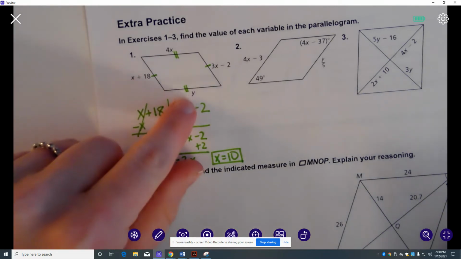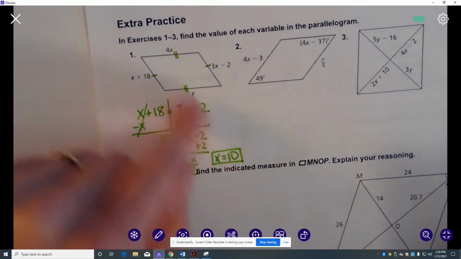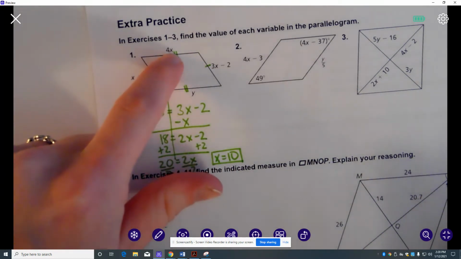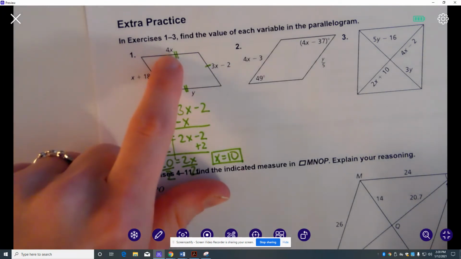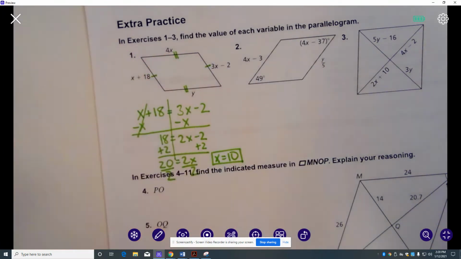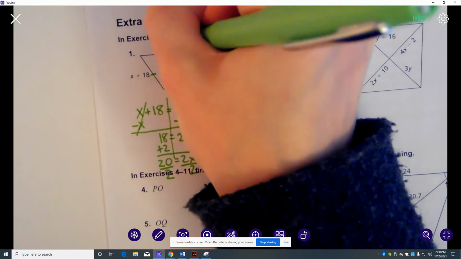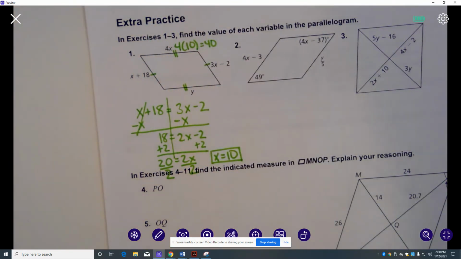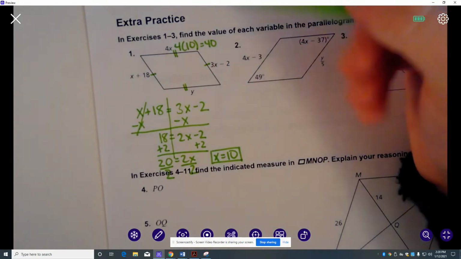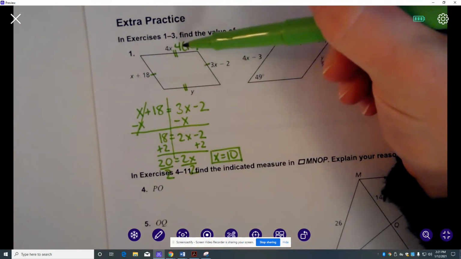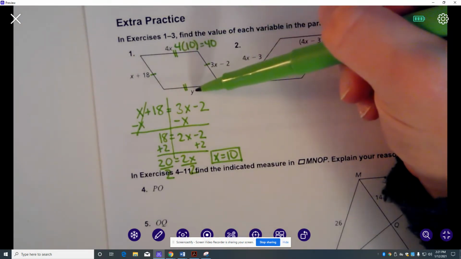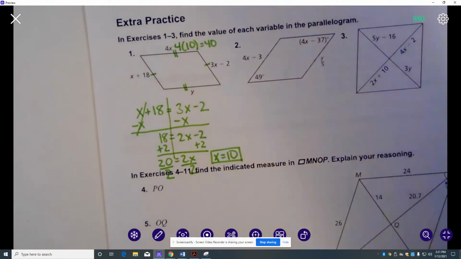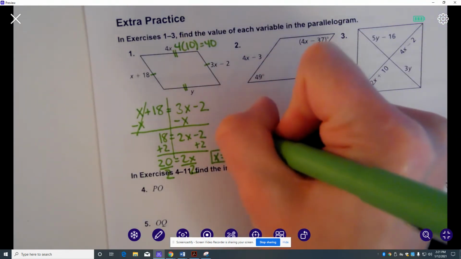So now that I know x is 10, I can substitute 10 in for x to find the length of this side of the parallelogram. So this side is equal to 4 times 10, which is 40. Now we know that this side is equal in length to this side, so y must also be equal to 40.